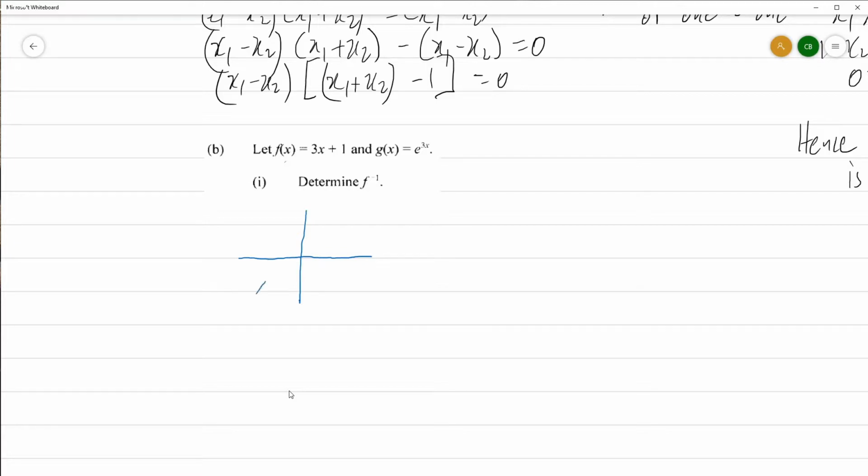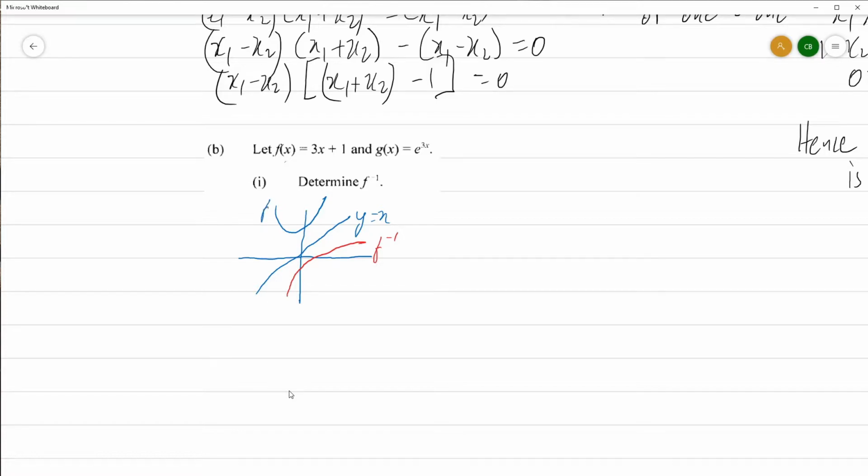So if you have a line y is equal to x, that's a poor line, and you have a function f of x, then f inverse is the reflection of this function over this line y is equal to x. So I'll do a poor drawing, but it'll look something like that. Okay, so that's the geometric interpretation of f inverse.